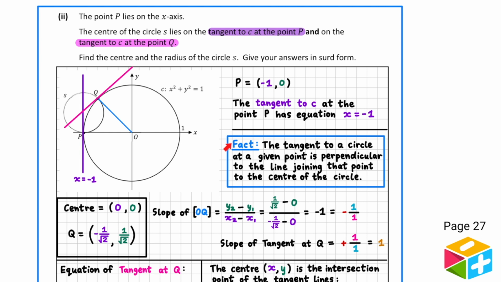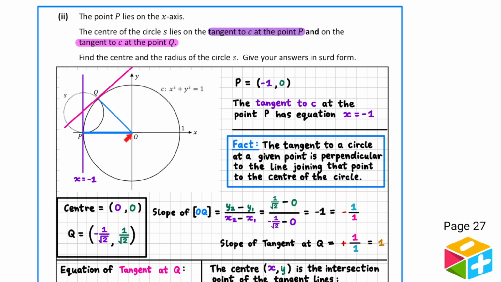To find the equation of the tangent line, we'll need to use a useful fact. The tangent line to a circle at a given point is perpendicular to the line joining that point to the centre of the circle. So, if we join our centre, O, to the point P, the tangent line will be perpendicular to this.